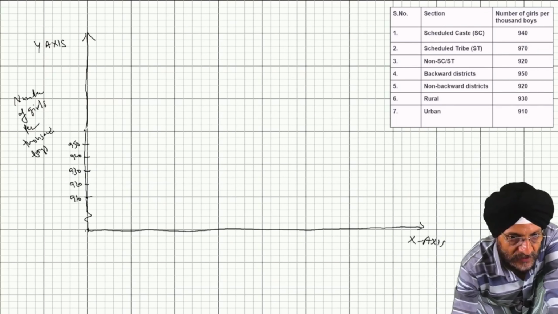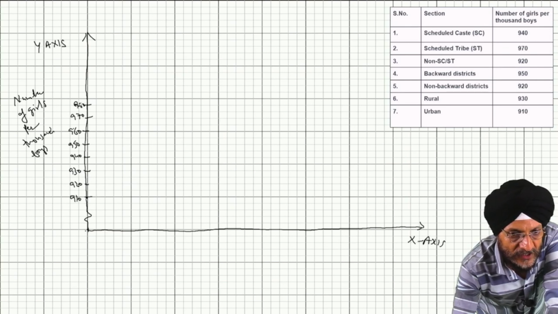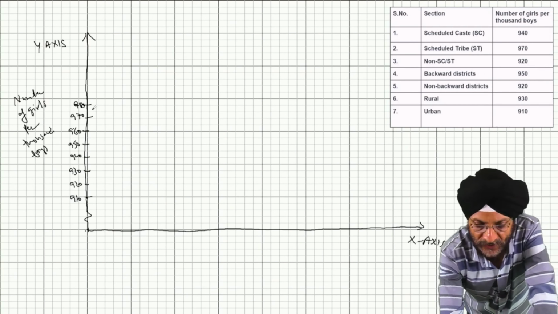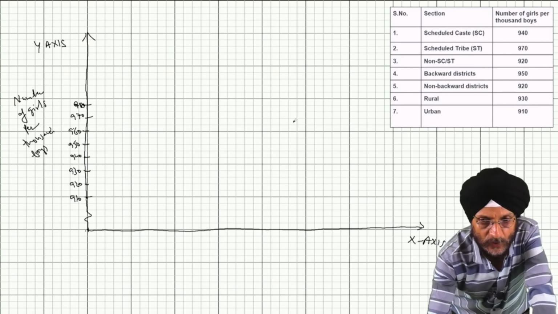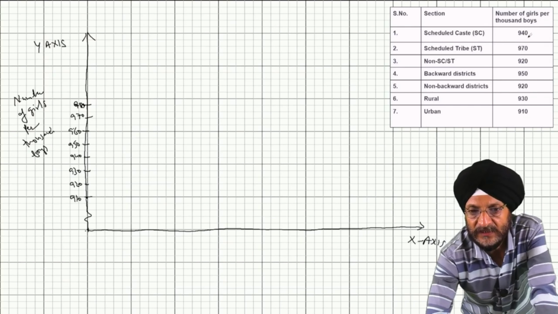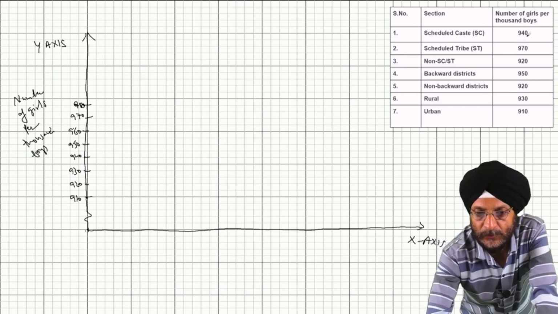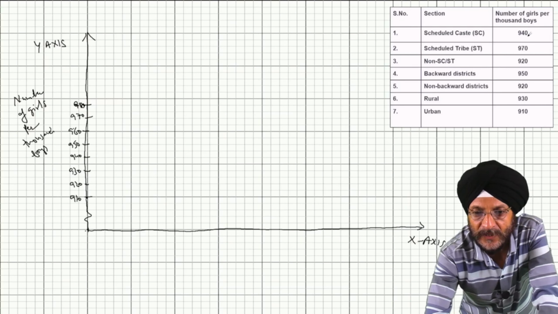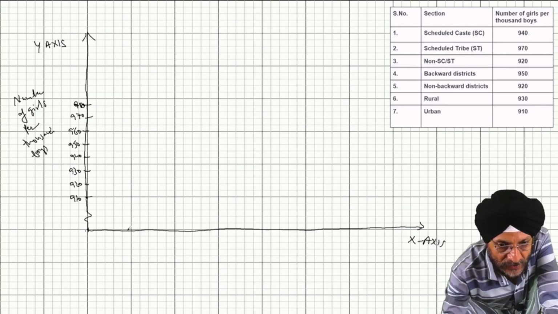We will mention the same on the graph, so that we can take it up to say 980, so that we can form the proper graph. So now what is SC? The number of SC girls per thousand boys is 940. So here we will first take SC.